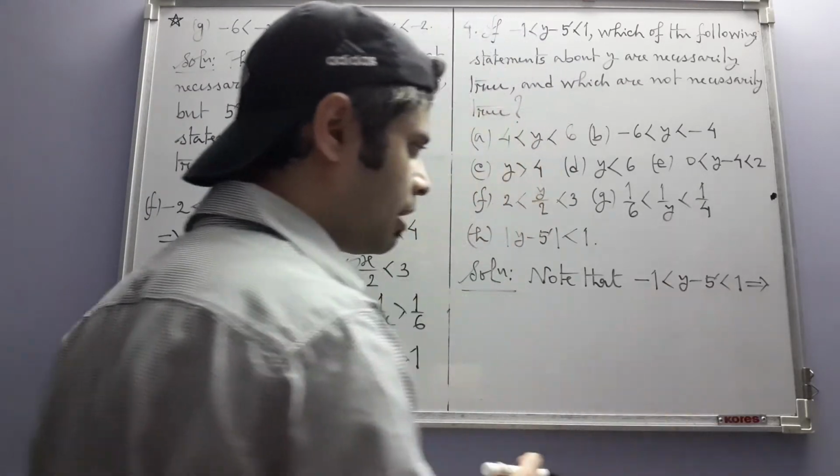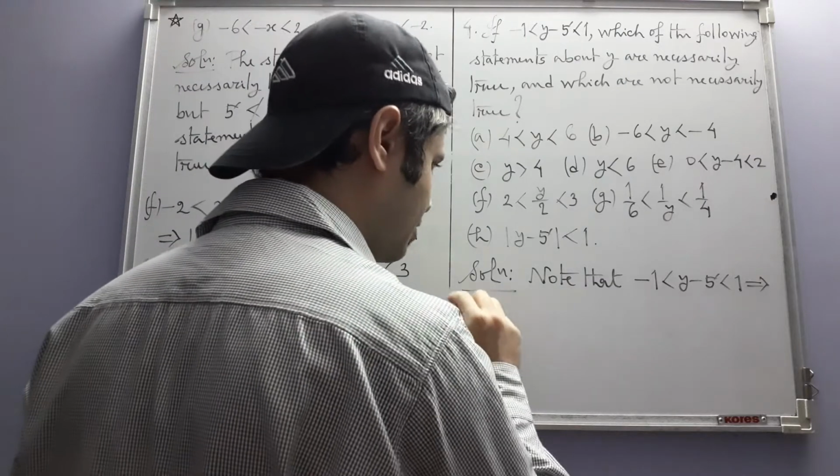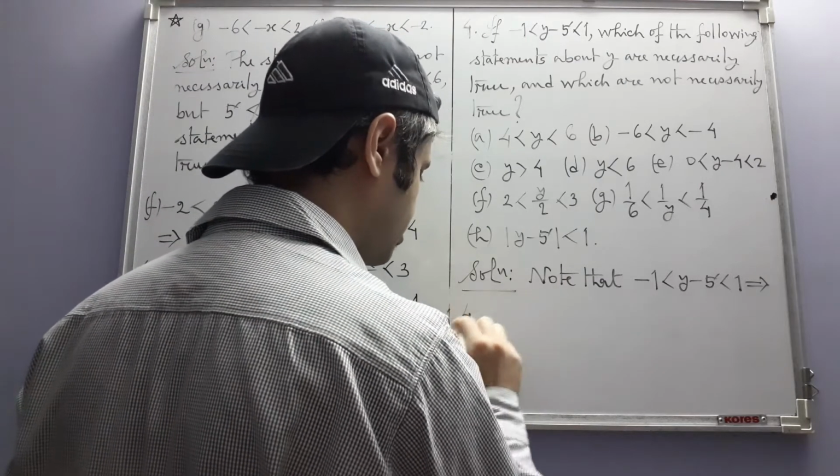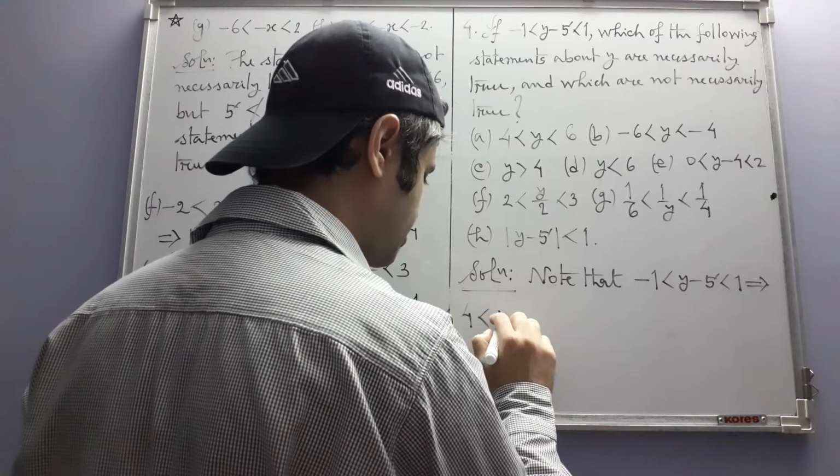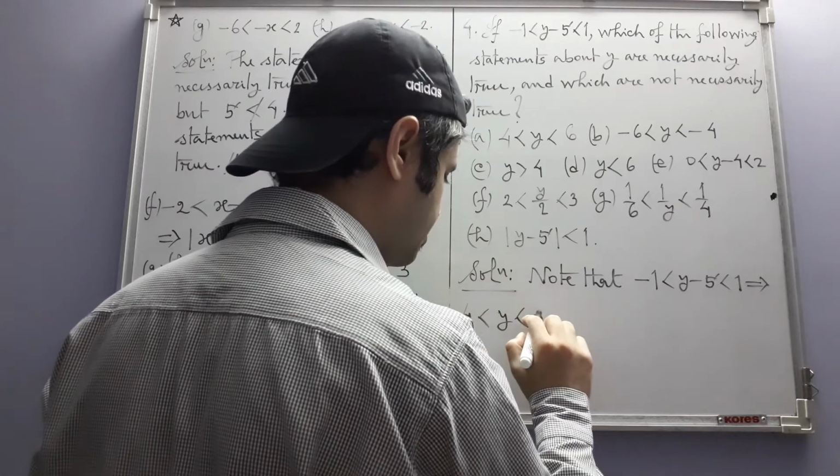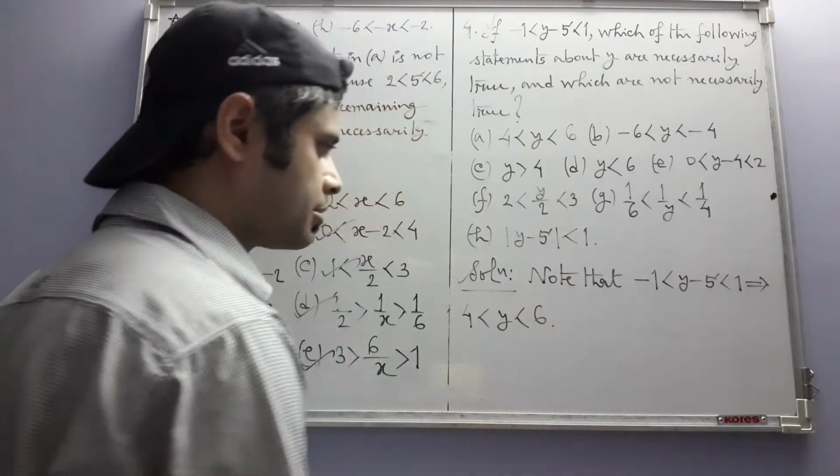The inequalities will not change direction, and we will have 5 minus 1 is 4, y minus 5 plus 5 is y, this is less than 6.